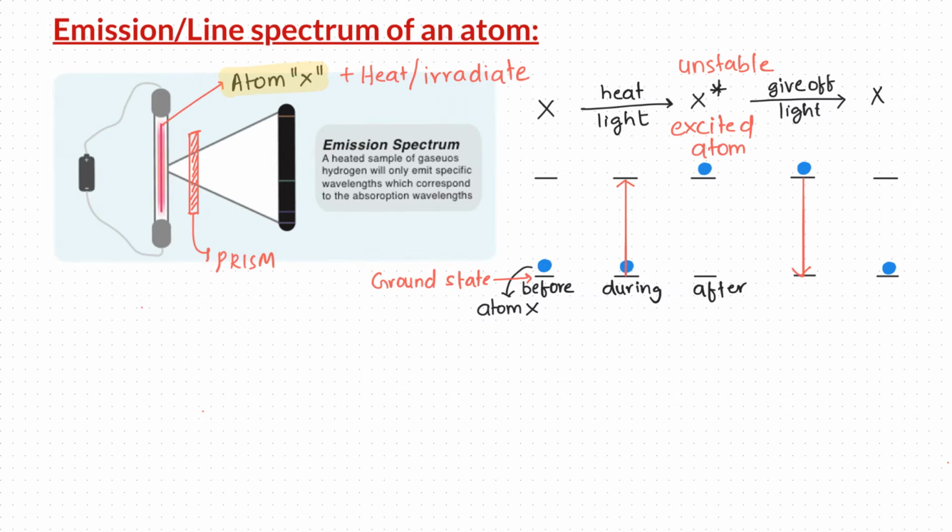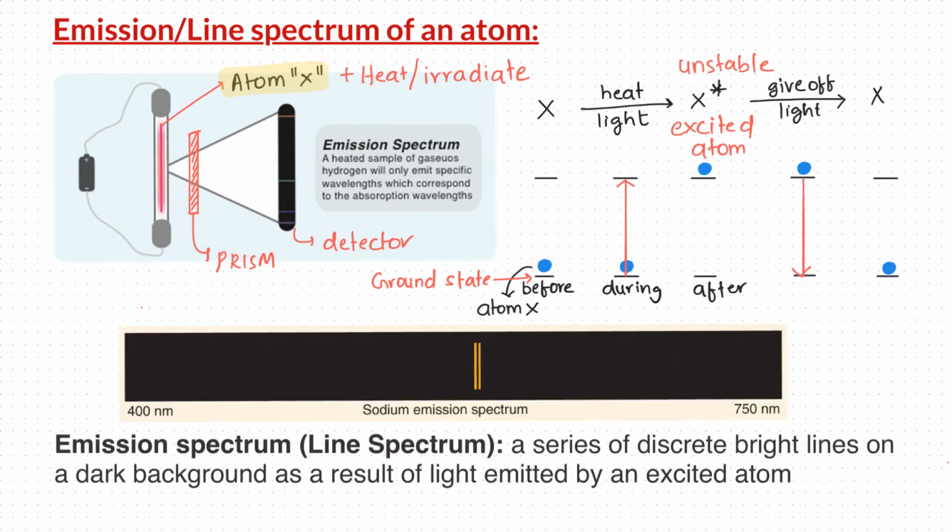And then we project the light that is coming out of the prism onto a photographic plate or detector. We see a set of discrete, bright lines on a dark background. This is called the emission or line spectrum of the atom X.